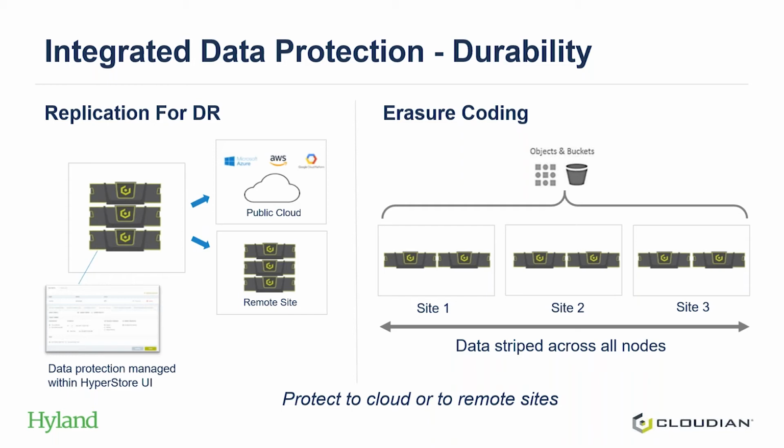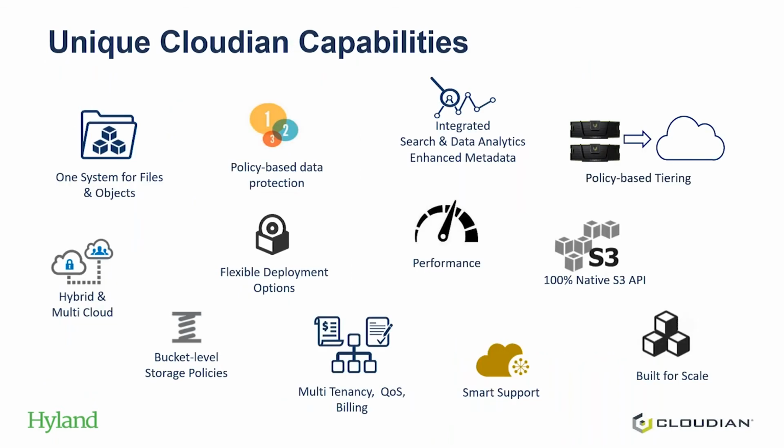The right side works the same way, except erasure coding is a little bit different because of how the data is striped or stored across the different nodes and across the different locations. So you can protect the data where it is, also protect to the cloud if that's an option, and it really works quite well and is very cost efficient as well.